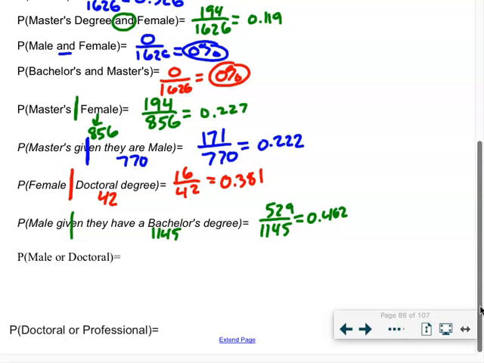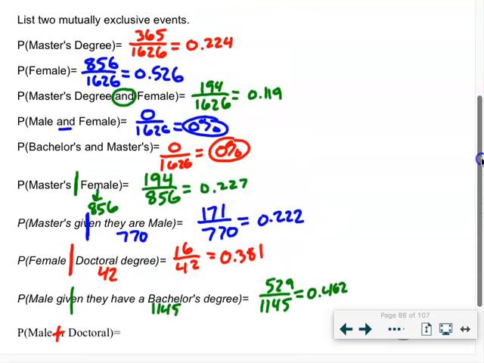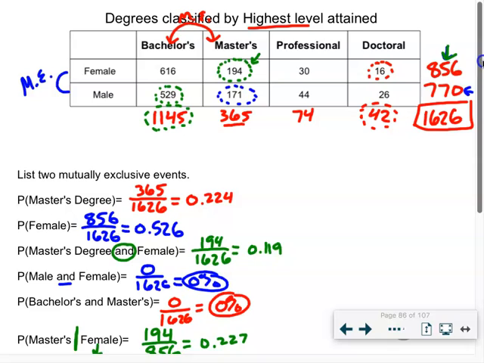Okay, these last ones are OR problems. You have to remember with OR problems how some of this stuff can work. OR does still mean add. With these ones, I need to look at each individual situation.